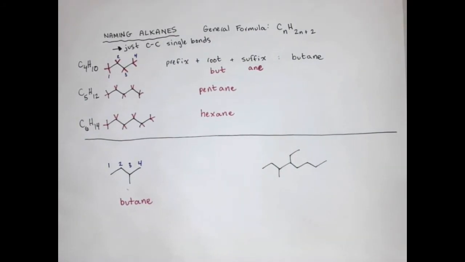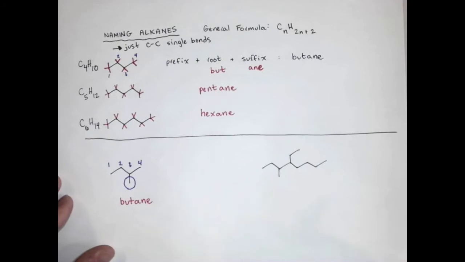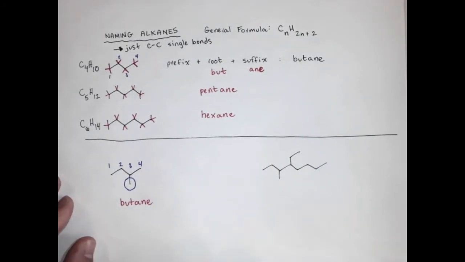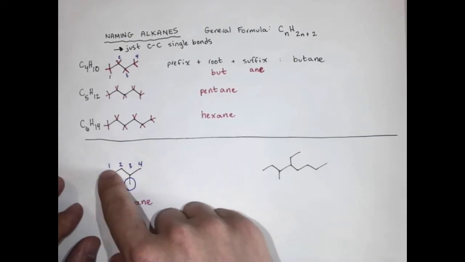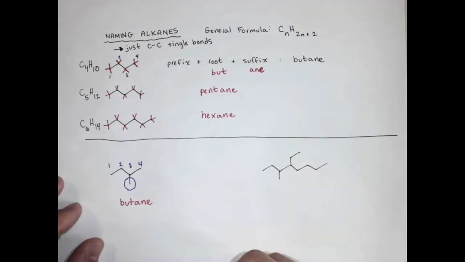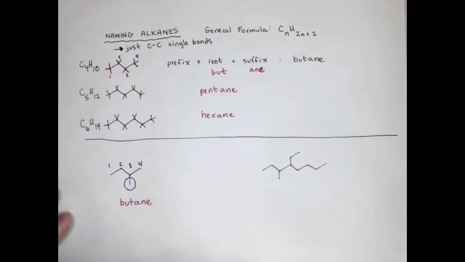So this branch just has a single carbon coming off. There's 1 carbon coming off this branch. And the branch, the way I numbered it, remember, and I'm doing this incorrectly right now, I'm just going to show you the incorrect way first. I numbered this branch at carbon 3.